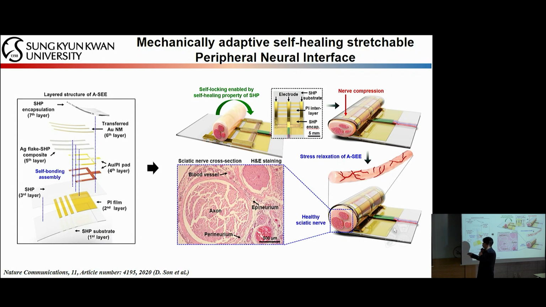However, we are using the dynamically cross-linked self-healing polymer. It has a dynamic stress relaxation property that enables the stress energy to be effectively dissipated. So we are not worried about the nerve compression issue. And also, we can find a healthy sciatic nerve after a long period of implantation.